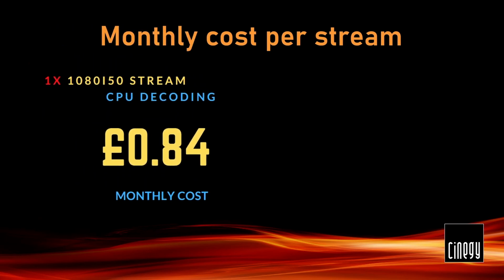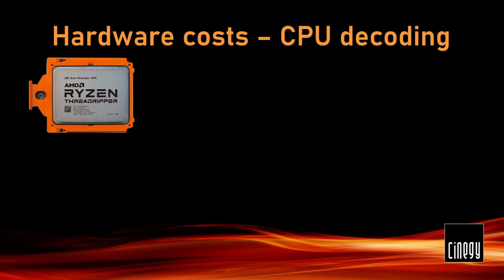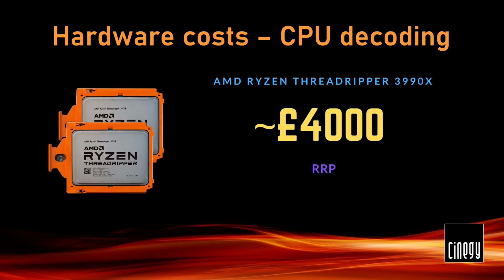And don't forget that my Threadripper was only able to decode 50 streams without stuttering, compared to 100 streams decoded by 4 GPUs. Now imagine building a machine that can monitor 100 HD streams just with CPU decoding. That would probably require adding another Threadripper 3990X to your server.